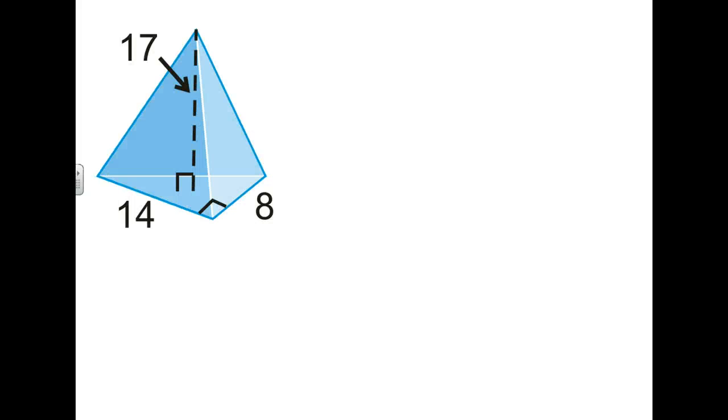All right, slightly different question here. What's the volume for a triangular pyramid? What's the formula for a triangular pyramid? Same formula, just that the base is a different shape.